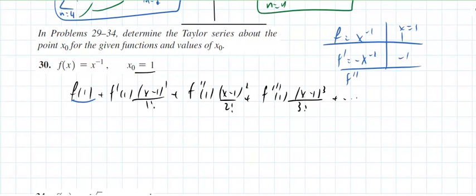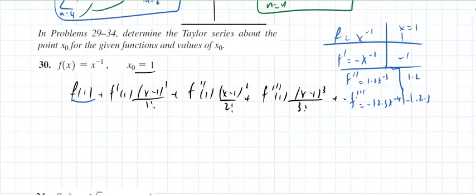f double prime is positive 1 times 2x to the negative 3. At 1, that is 1 times 2. f triple prime is negative 1 times 2 times 3x to the negative 4, so negative 1 times 2 times 3.